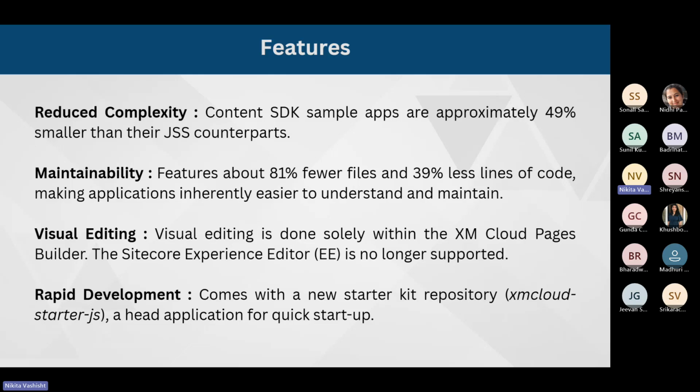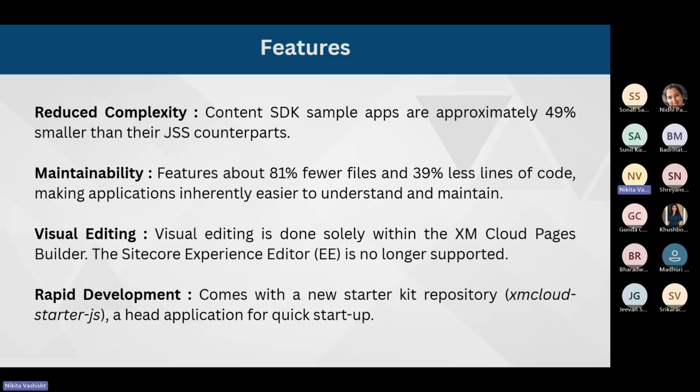What are its features? So it reduces the complexity. As compared to JSS SDK, our Content SDK application is 49% smaller, which helps us in running our application much faster. Then maintainability is quite easier.